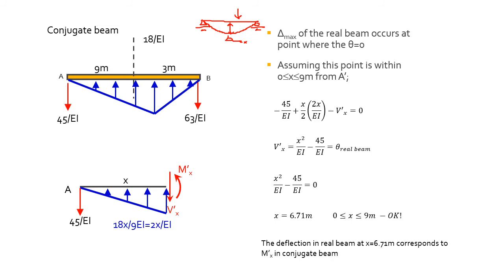If your support is more towards the left side, usually the maximum deflection is on the right side. But if you're not sure, you need to cut your beam at two sections.